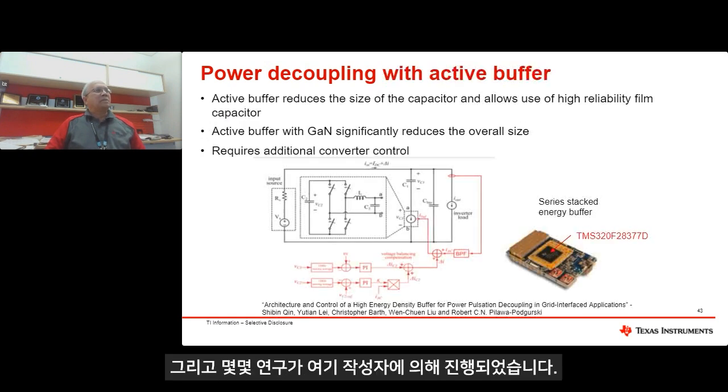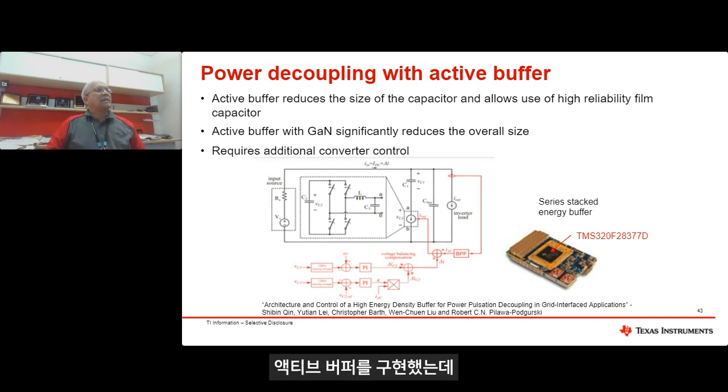Some research was done by these authors here, who implemented an active buffer, a GaN-based active buffer. Because of that, the bus capacitance was reduced and a film capacitor could be used. So that was a research paper published by the authors here using a C2000 microcontroller.